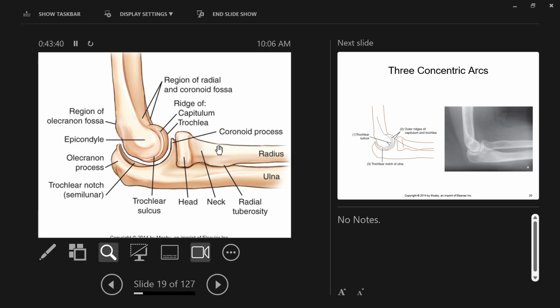Okay? So what physicians will often do is they'll draw an imaginary line or an actual line down on the anterior of the humerus, the anterior humeral line, just extend it down, and it should pass right through the middle of that circle. Right through the middle. In the case of supracondylar fractures, everything gets rotated backward. And you won't see a break.